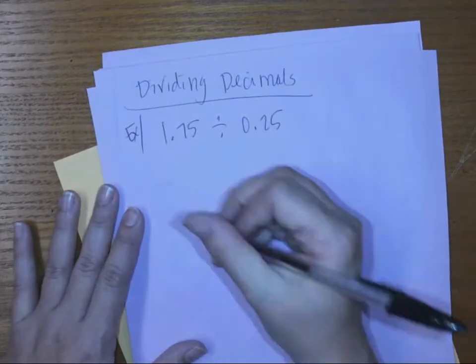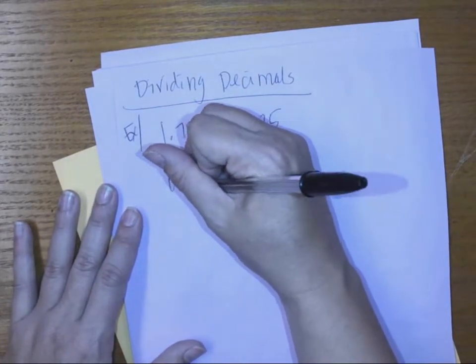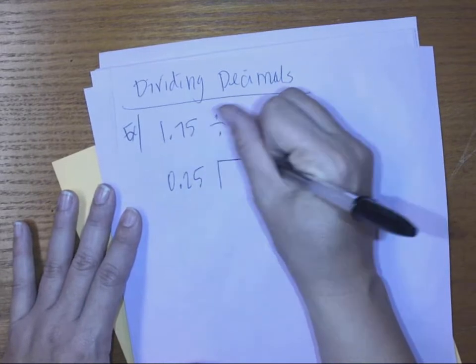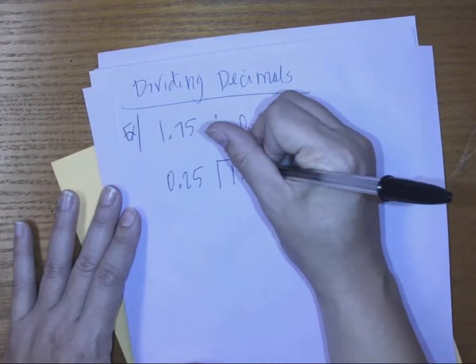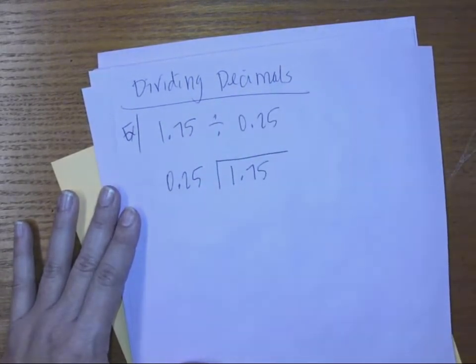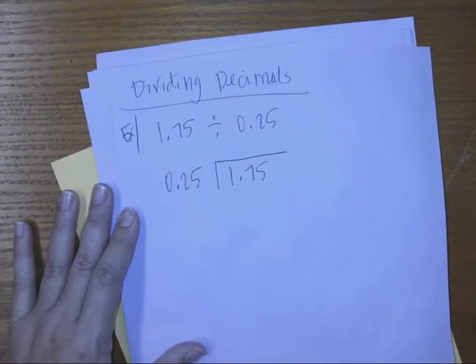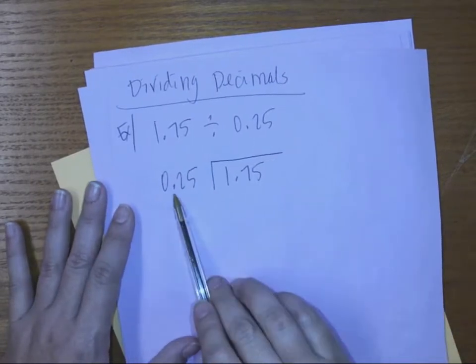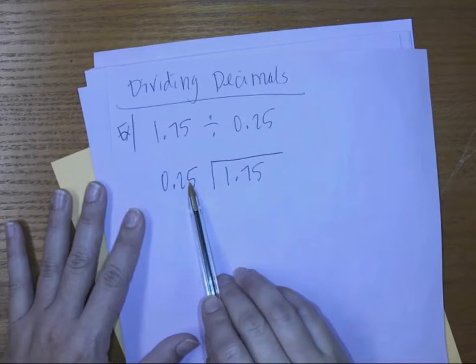When you're dividing decimals, you would write the 0.25 on the outside, and then divide it into 1.75. And the rule here is you need to make the outside number into a whole number.